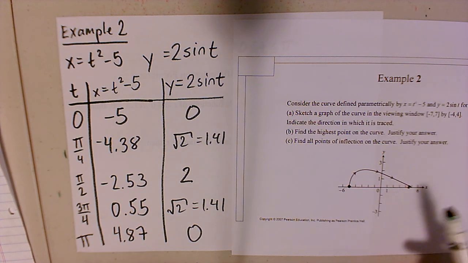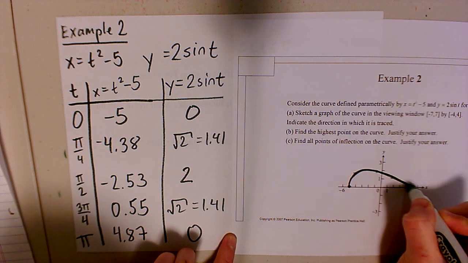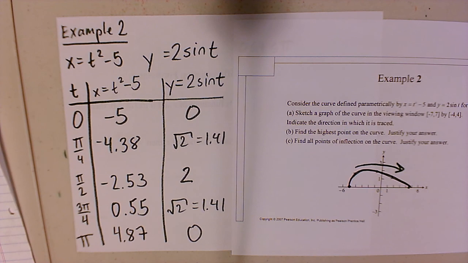It's not like some of the circles or ellipses where we could start anywhere and go in either direction and still end back at our initial point. So this is pretty clear to see, that we're going in that direction from the left to the right.